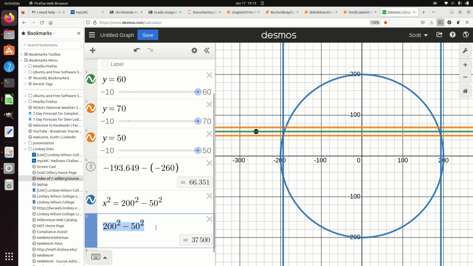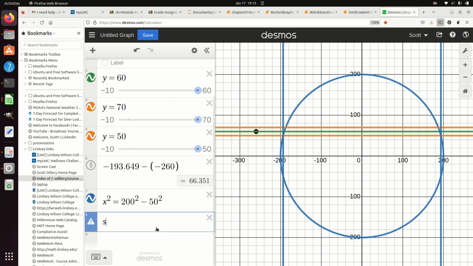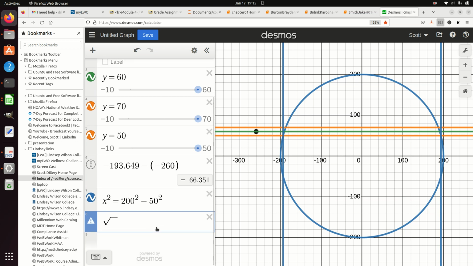So I'll highlight it and type SQRT. Now I'll do a Control C to copy and a Control V to paste. And there, look at that. I recognize that number, 193.649. So that's what they want you to do, and you should do it. You should practice your algebra to get these things. But you're getting a distance that way.